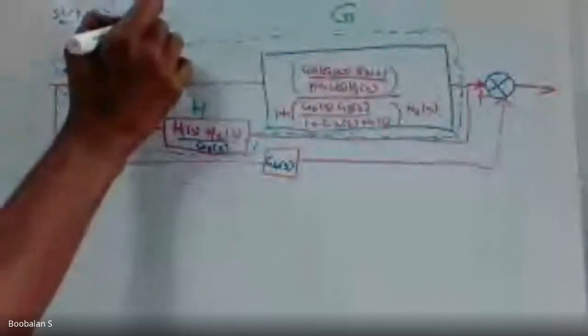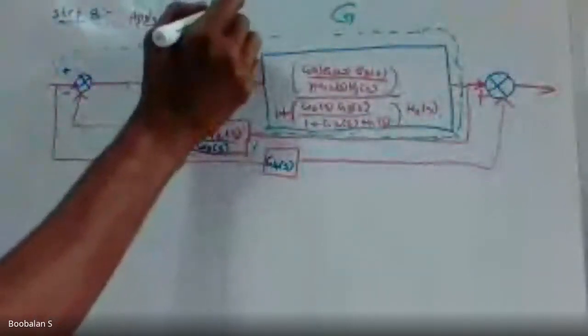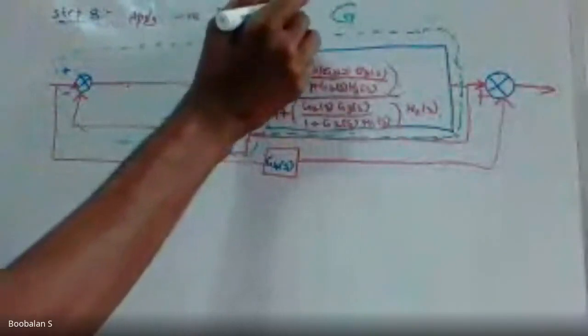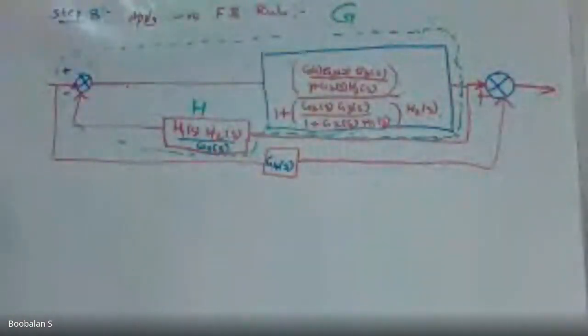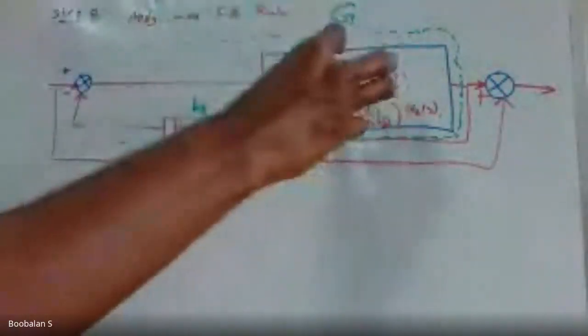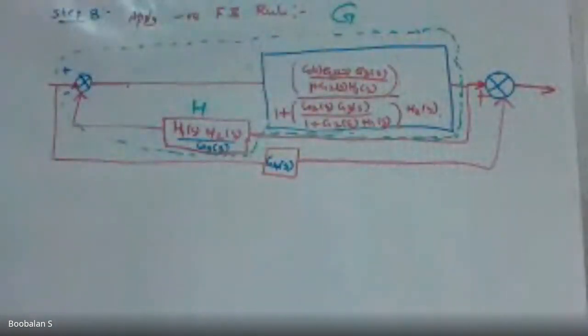Apply negative feedback rule. Very easy. G divided by 1 plus G. Don't bother about this bigger term, right? Whatever you are just having, just keep it as same, right? And now I'm just going to apply negative feedback elimination rule over here. Now G divided by 1 plus GH.